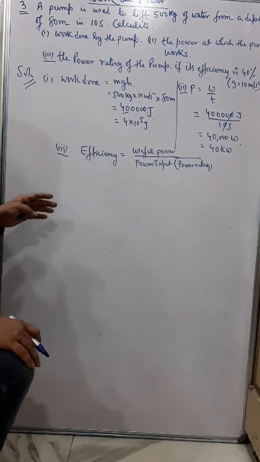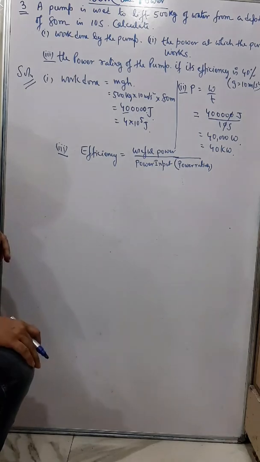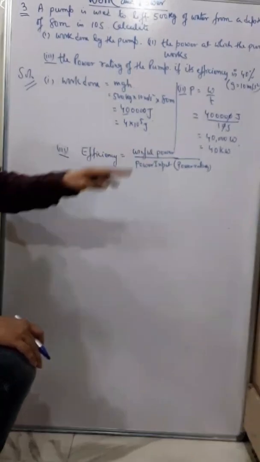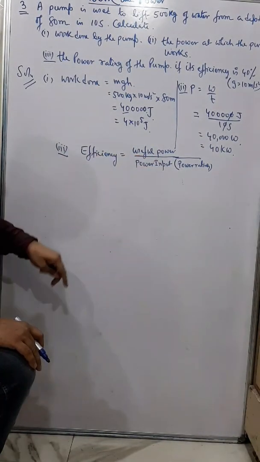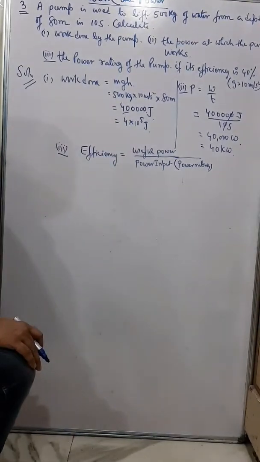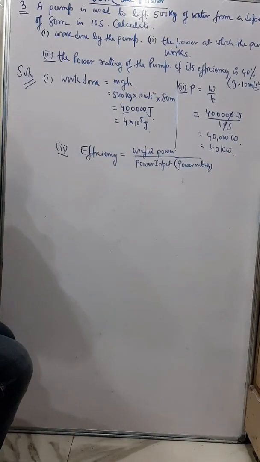You can see in machines, in geysers, in AC, there is a power rating. So that means the machine should work at that power. So that's called the power rating. But actually, the machine is never a 100% efficient machine, so it never works at full power.